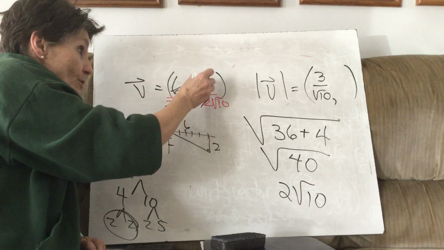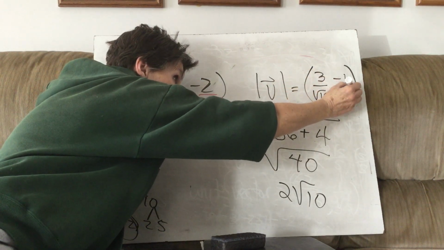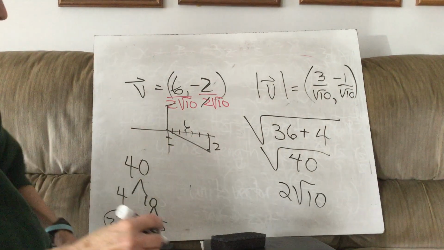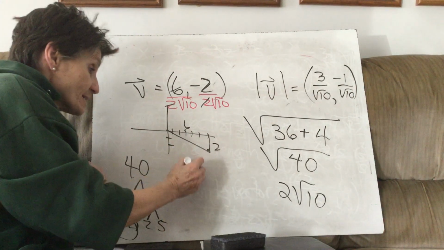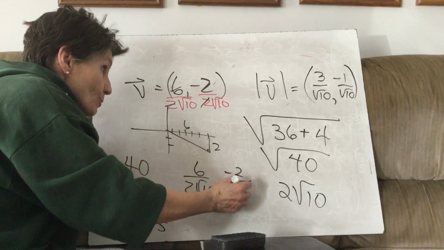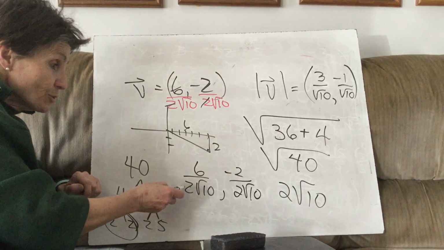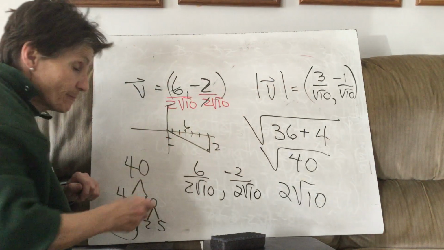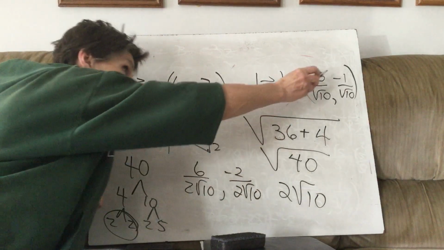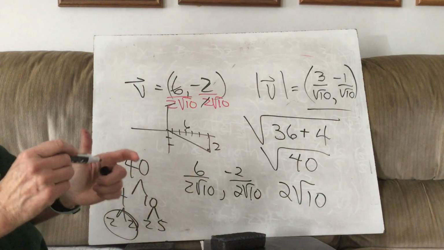And here the 2's are going to cancel and leave you with negative 1 over root 10. So once again, we had 6 over 2 root 10 and negative 2 over 2 root 10. You are expected to cancel. So 2 goes into 6 3 times, and 2 goes into negative 2 negative 1 time. So this is the answer to the question.